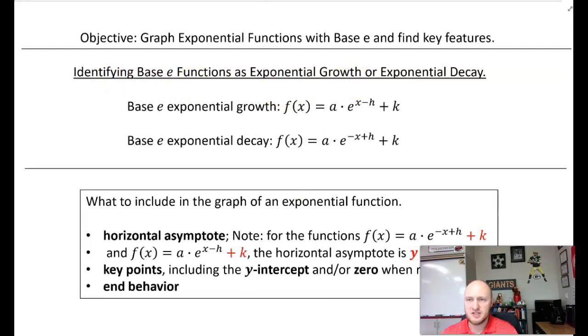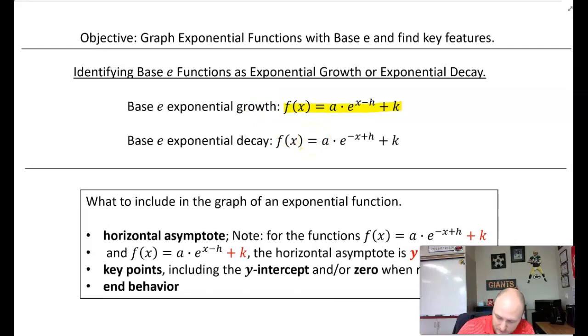Here is the structure, again, for an exponential function: f of x equals a times e to the power of x minus h, plus k. That would be exponential growth, where the coefficient of our exponent is positive. Notice that makes sense because e, approximately 2.7, is bigger than 1, so that's going to be exponential growth.